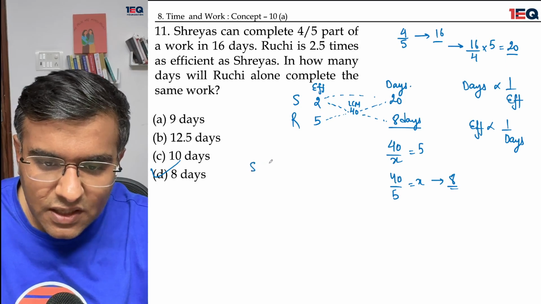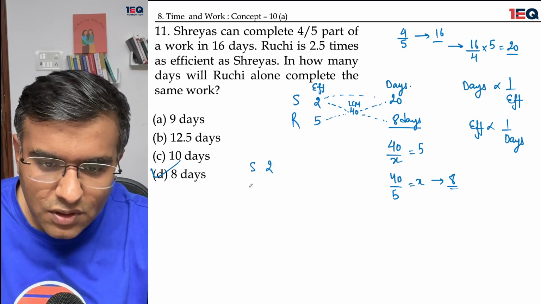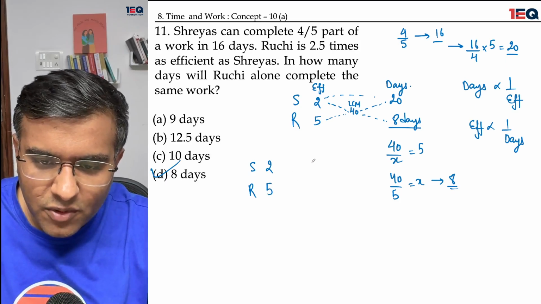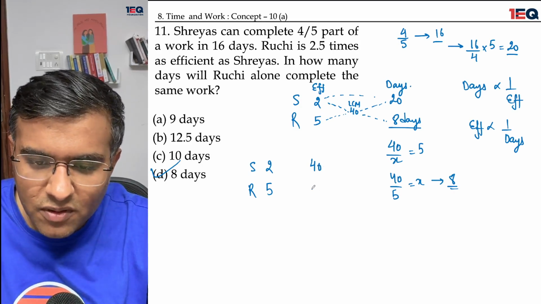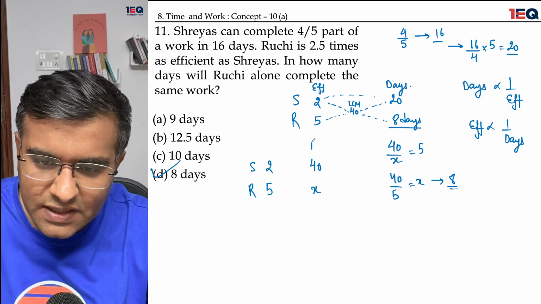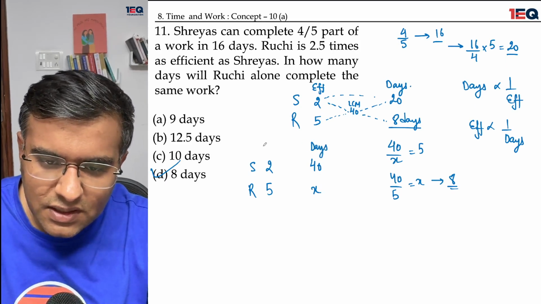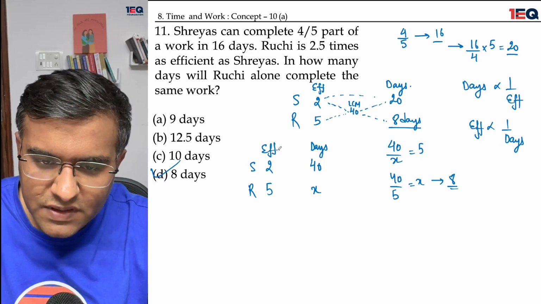The efficiency of Shreyas was 2, the efficiency of Ruchi was 5, and the number of days for Shreyas was 40, and the number of days for Ruchi was x. These are days and these are efficiencies.